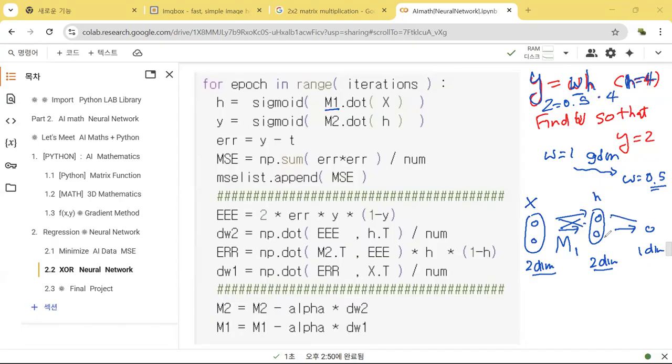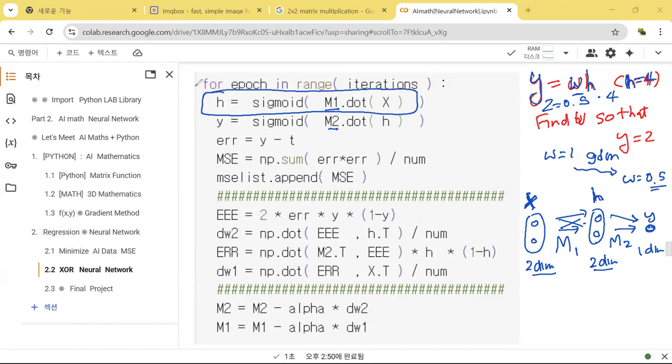Then from two-dimensional to one-dimensional, we use the M2 matrix to describe the correspondence between H and our output. Let the output be Y; Y or letter O is used to denote the output. So M2 is this one, okay? From the input vector X, we can get H.